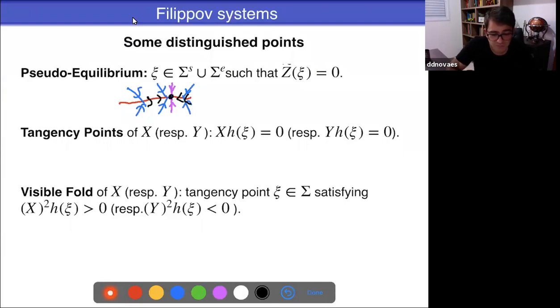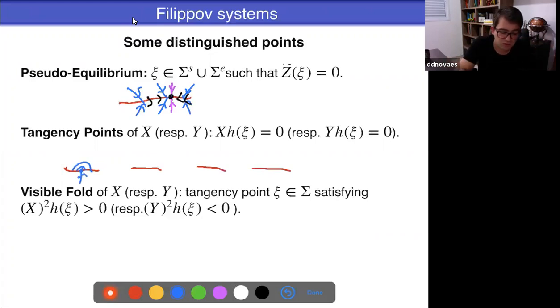Another kind of points are the tangent points, which are just contacts between the vector fields and the switching surface. For instance, let's draw. You could have a contact of this type. It's a contact between one of the vector fields.